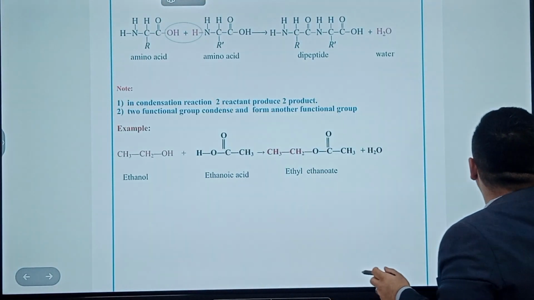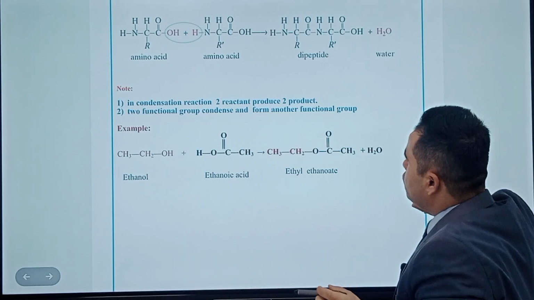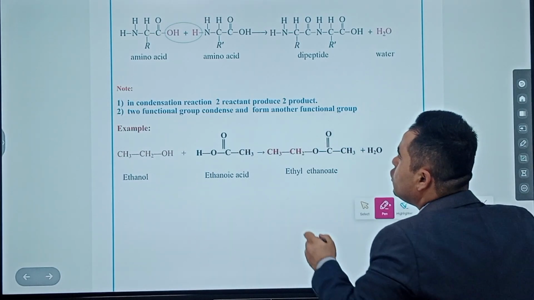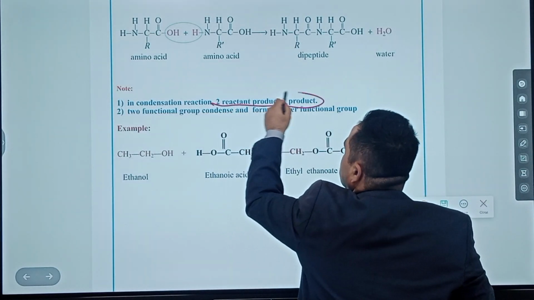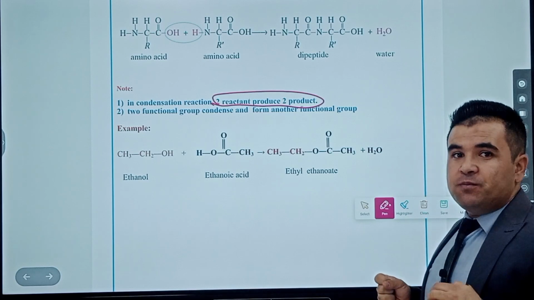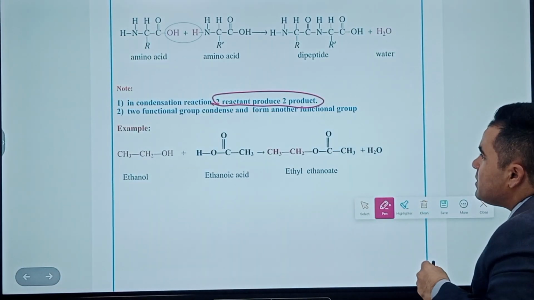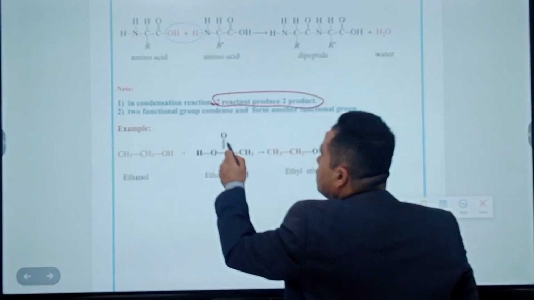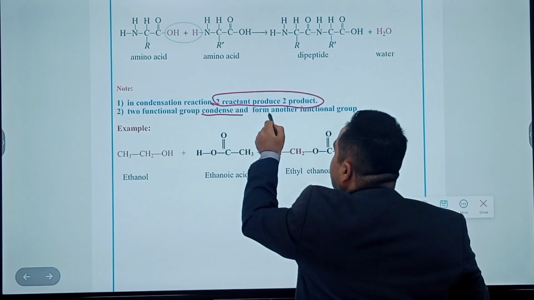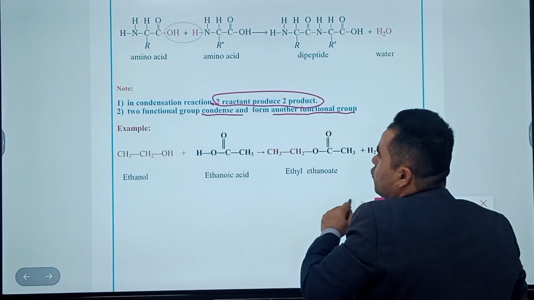Notes about the condensation, guys. Here we have got two notes. In condensation, two reactants produce two products. But the difference between this and the other types is that two functional groups condense and form another functional group. How?